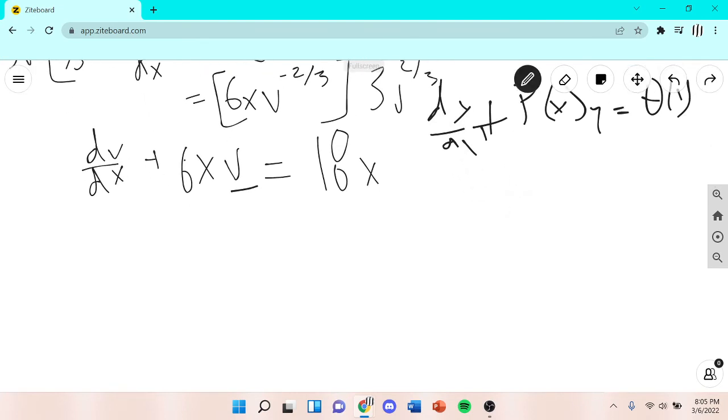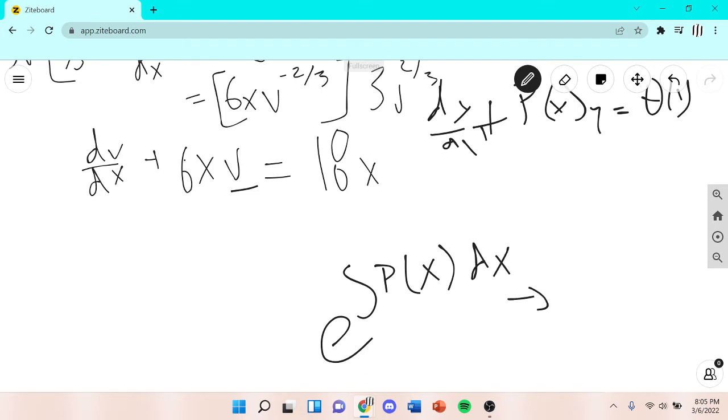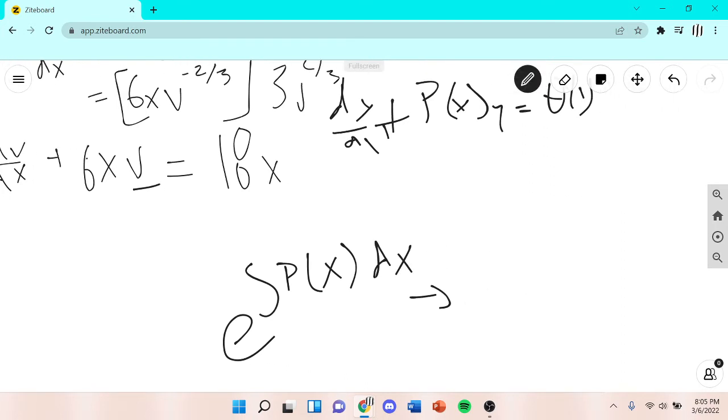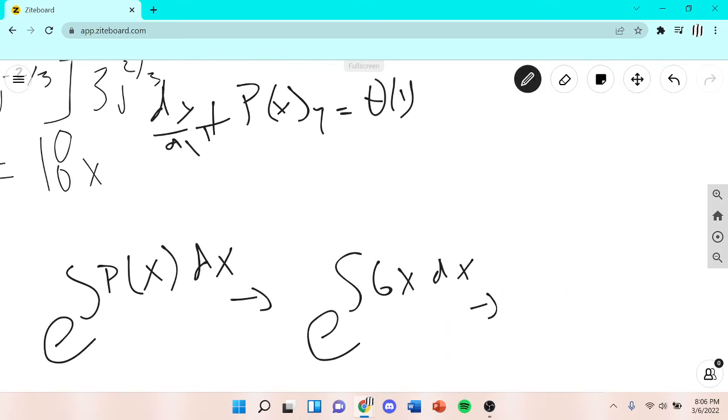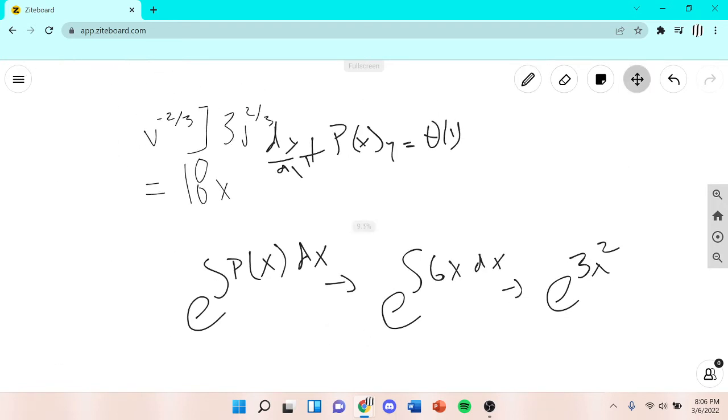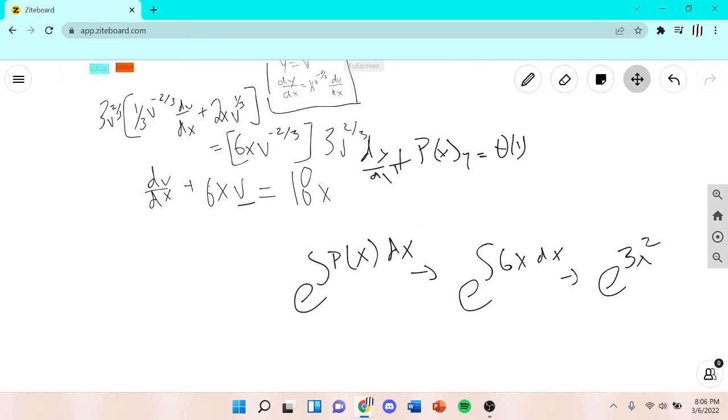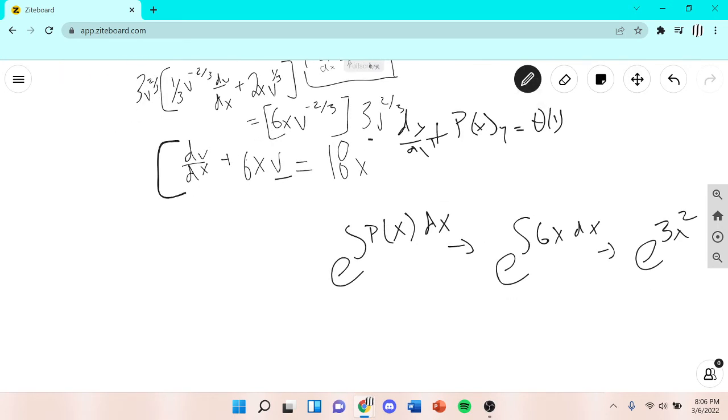So our integrating factor is going to be e to the integral of p of x dx, which is e to the integral of 6x dx. We can ignore the constant, and we get e to the 3x squared.